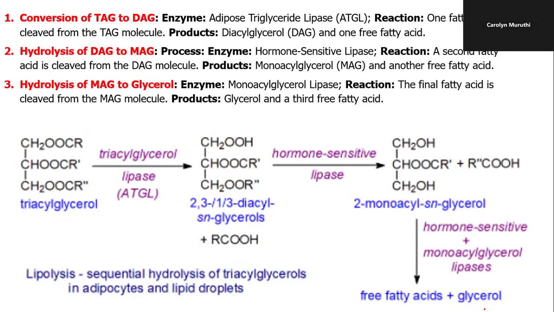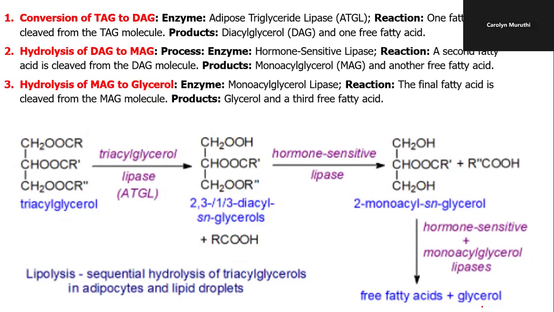Once TAGs are fully hydrolyzed, their fatty acid and glycerol enter different metabolic pathways. The free fatty acid will leave the adipose site and bind to albumin, which will transport the fatty acid through the bloodstream to tissues including the liver, heart, and skeletal muscles.